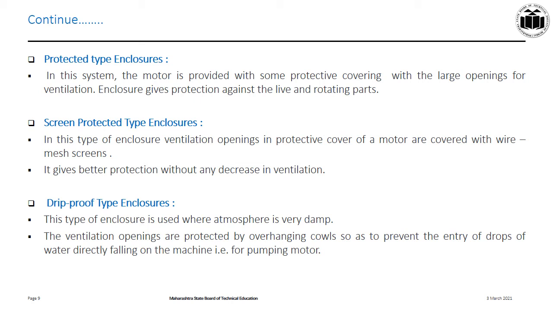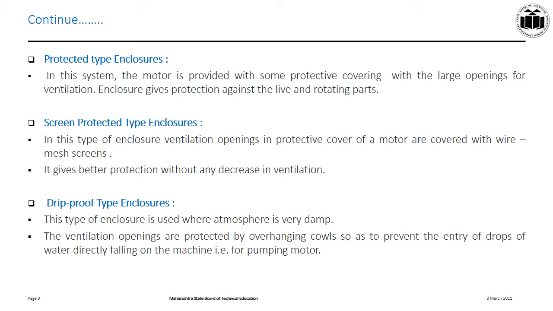Now the screen protected type enclosure. In this enclosure, ventilation openings in the protective cover of a motor are again covered with a wire mesh screen. So it will give better protection and ventilation is also there.